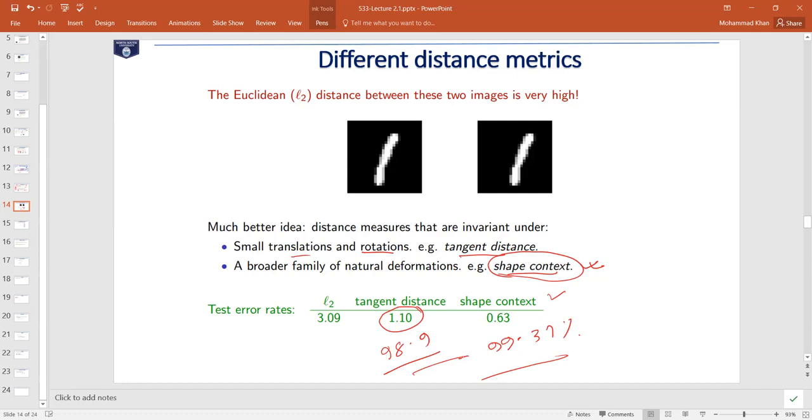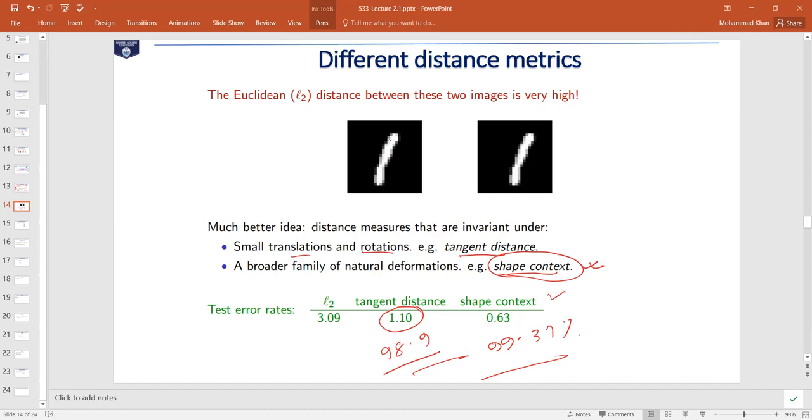So nearest neighbor algorithm, how it will perform depends on what distance metric we use and for what kind of data set. For image type of data set, we need to find a distance that makes sense for images.